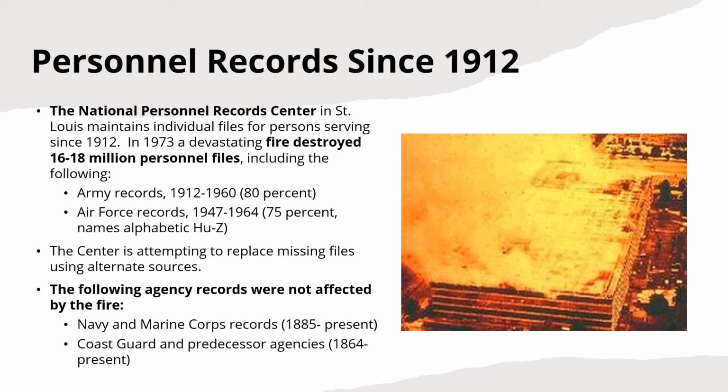Although the National Personnel Records Center is attempting to restore files using alternate sources, it has been slow going. If you have personnel records for a 20th century relative, they would welcome your sharing copies of those documents. Fortunately, Navy, Marine Corps, and Coast Guard files are believed to be intact.